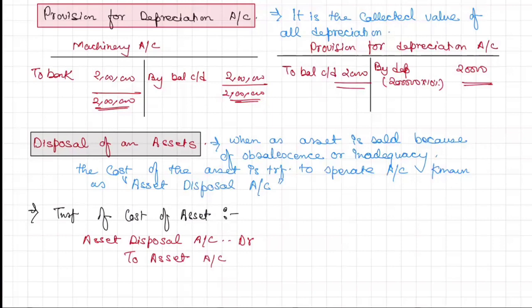Correct? Because suppose there is a machinery account, and the cost is 20,000, and you are transferring it to the asset disposal account. So you'll credit the machinery account. You're just transferring this to the asset disposal account. That's all that is happening.